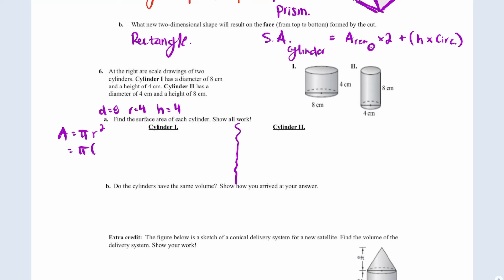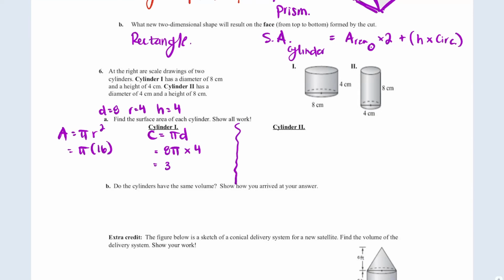So pi times 4 squared, which is 16, so 16 times pi. Let's go ahead and find the circumference as well, which is pi times your diameter, which is 8, so 8 times pi. And we're going to multiply 8 pi times the height.